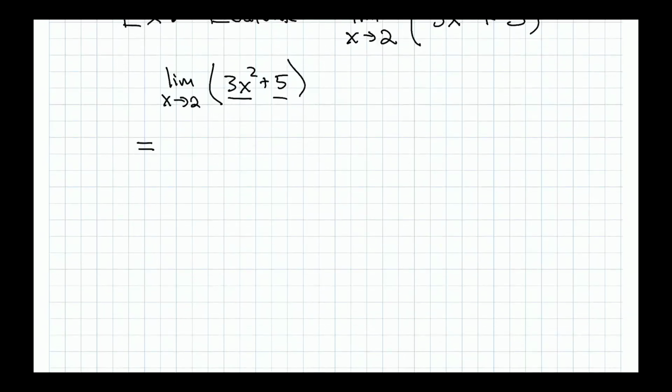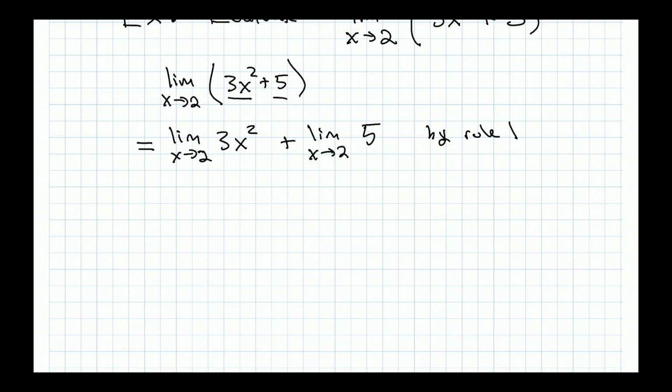So I should be able to say that's the limit as x approaches 2 of 3x squared plus the limit as x approaches 2 of 5. That's by Rule 1. If you look at the notes in Newton Alta, the rules might be numbered differently. What the rule is numbered doesn't matter, but I'm calling it Rule 1 right here. So we split it up.